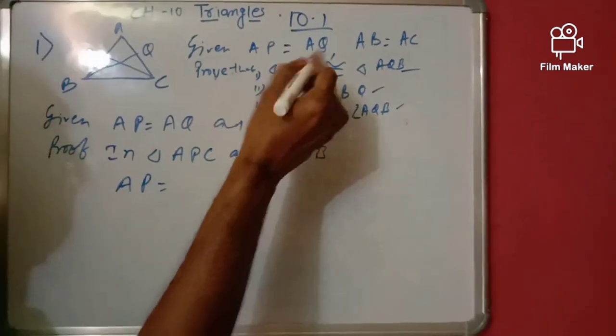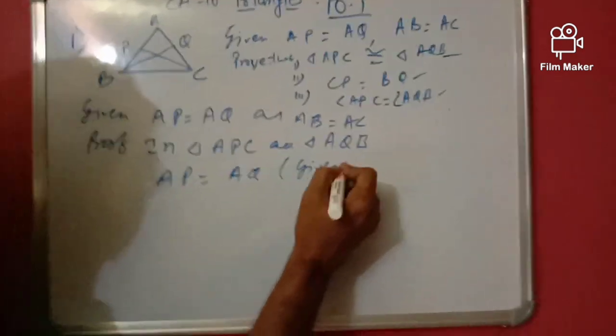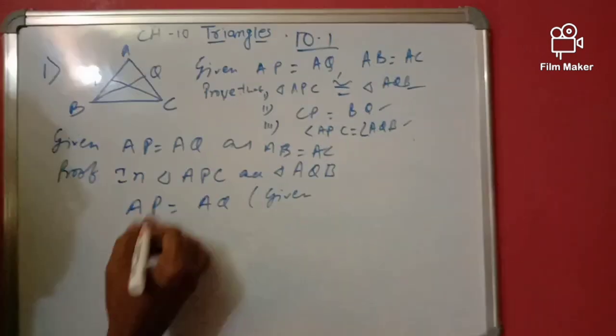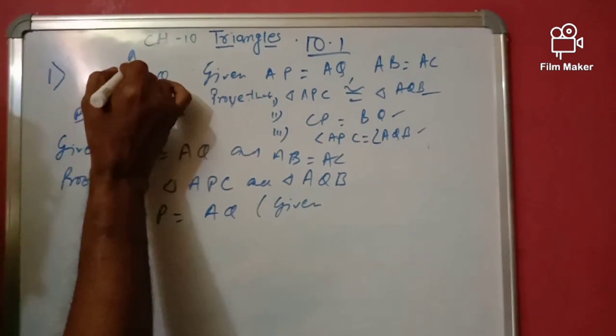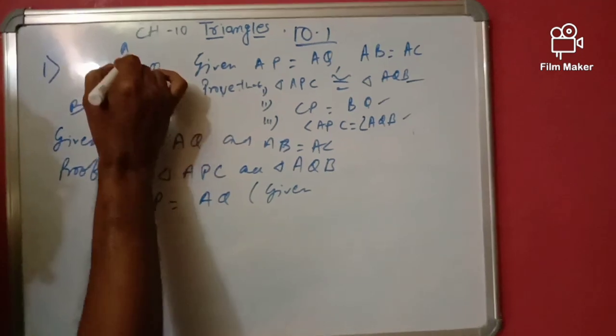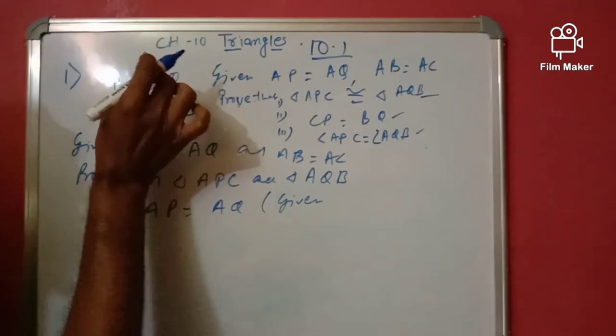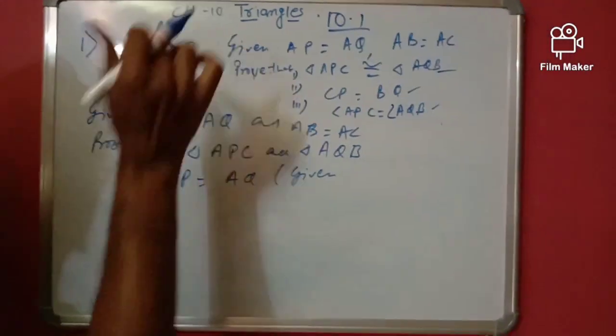AP equal to AQ, given. AB equal to AC. See the steps.